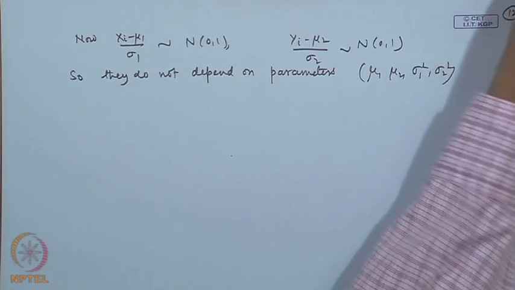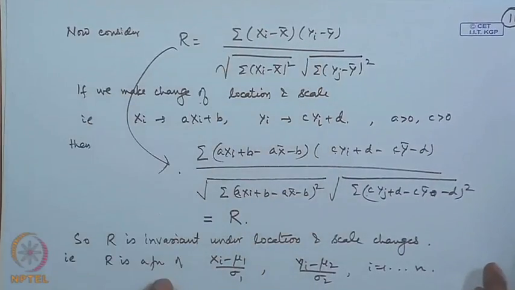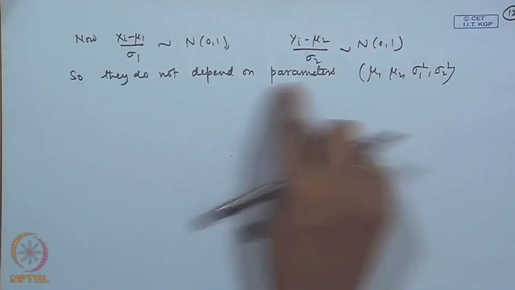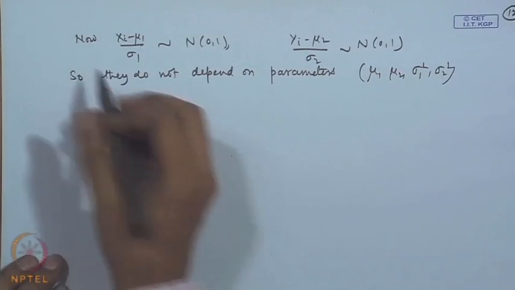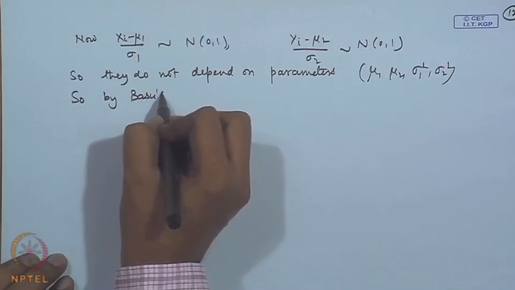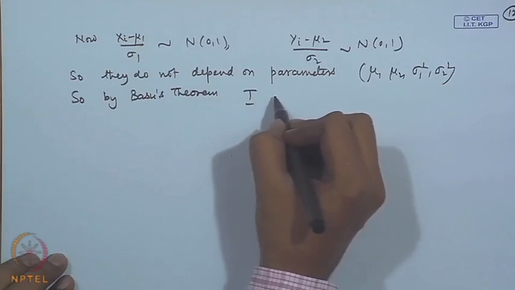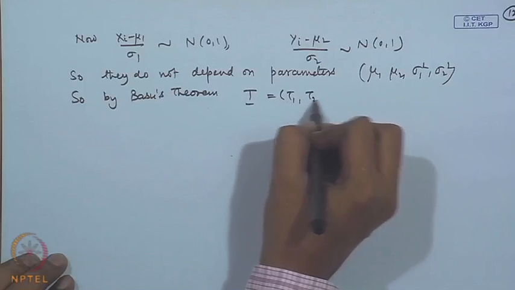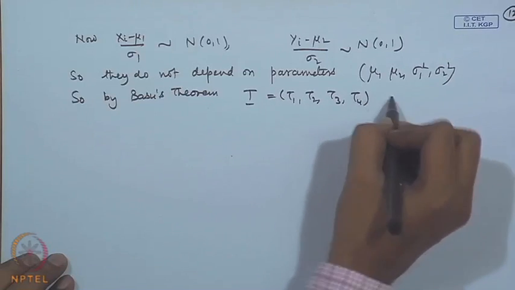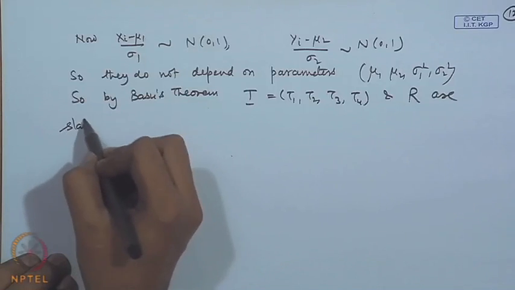Now, what we have demonstrated, this sample correlation coefficient has a distribution which does not depend upon the parameters. So, by Basu's theorem, T, that is T 1, T 2, T 3, T 4, and R, they are independently distributed.